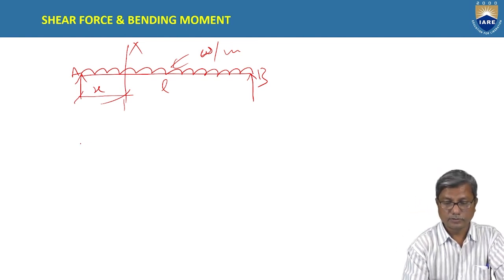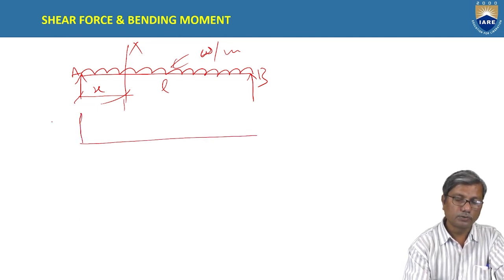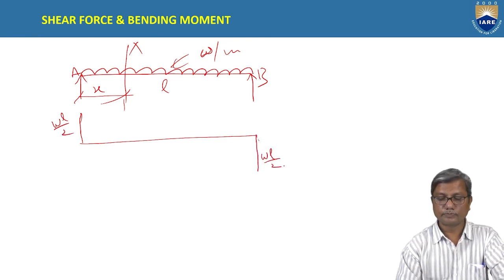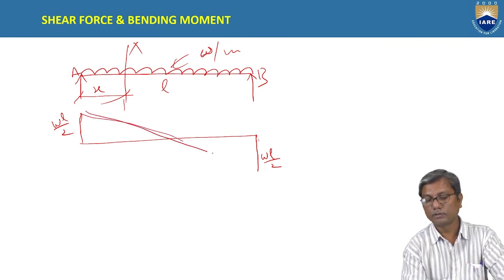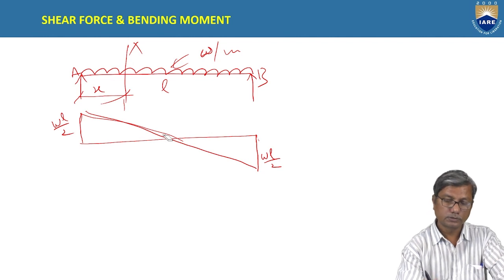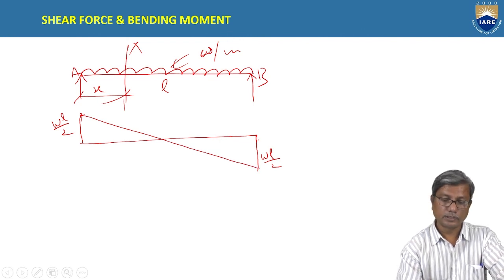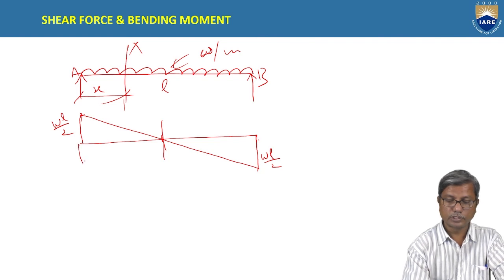Now the shear force diagram for this will be plus WL by 2 here and varies linearly to minus WL by 2. Okay. And the variation is linear.